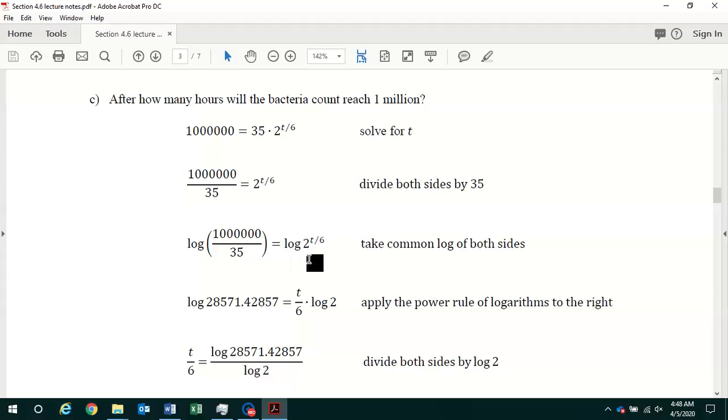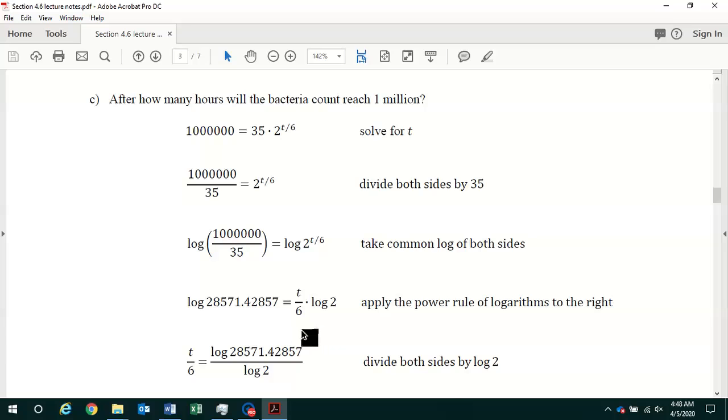We're taking log of 2 raised to the t over 6. This exponent, t over 6, can be brought down in front of the log, and we have t over 6 times the common log of 2. On the left-hand side, this fraction, 1 million over 35, is equal to this number right here, 28,571.4.